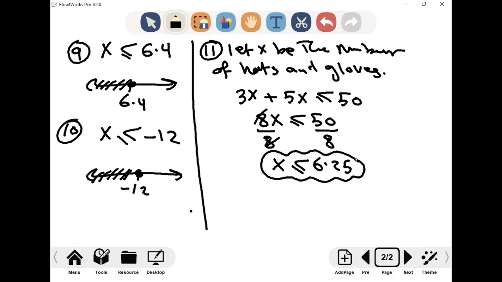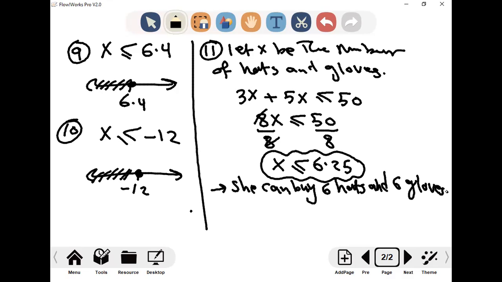So she can buy 6 hats and 6 gloves. If you say 6 hats and gloves in total, it will be 3 and 3, right? But 6 hats and 6 gloves, okay? Fine.